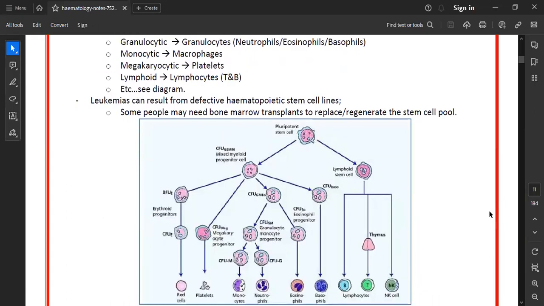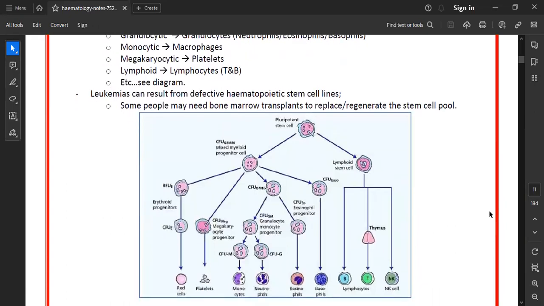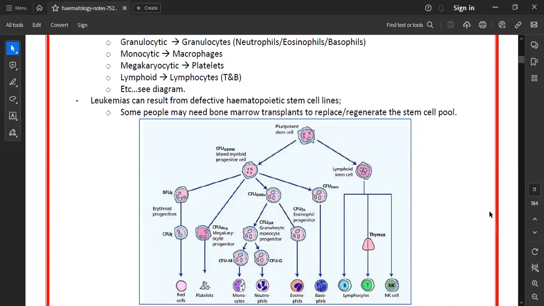The myeloid way is what leads to our leukocytes, our red blood cells, our platelets, monocytes, neutrophils. But the lymphoid way majorly leads to the formation of lymphocytes and the natural killer cells.